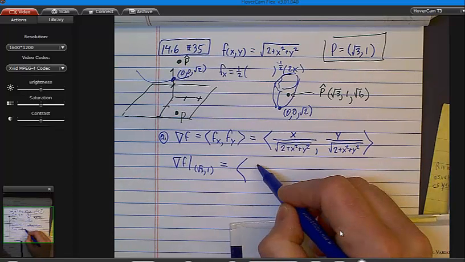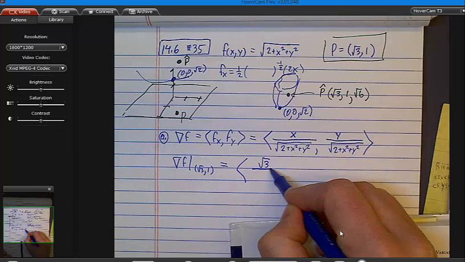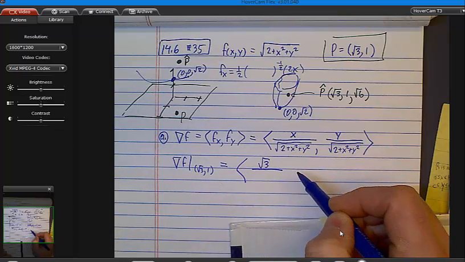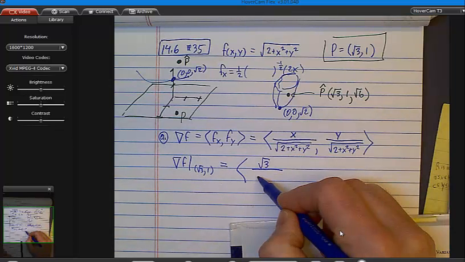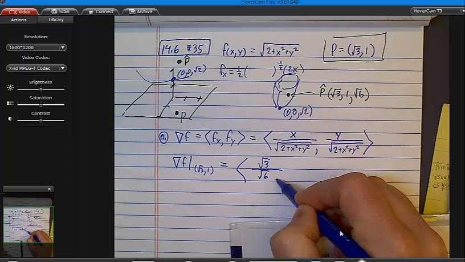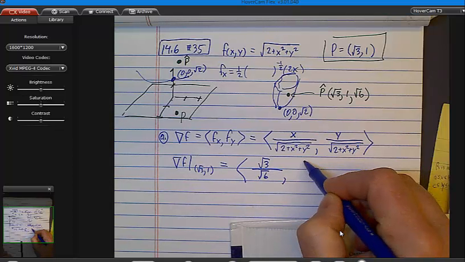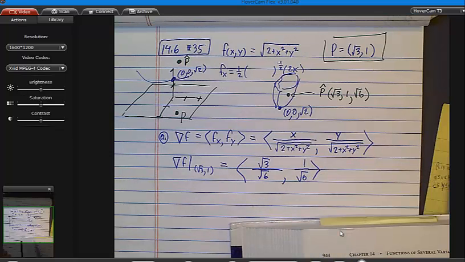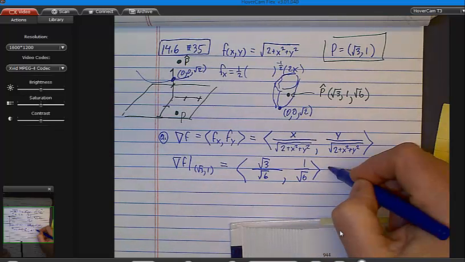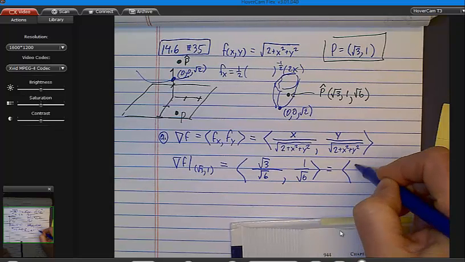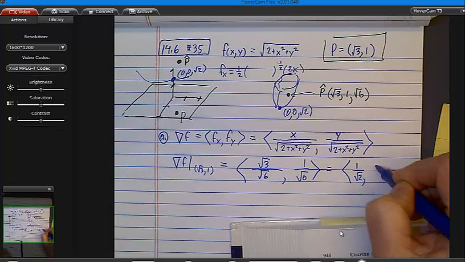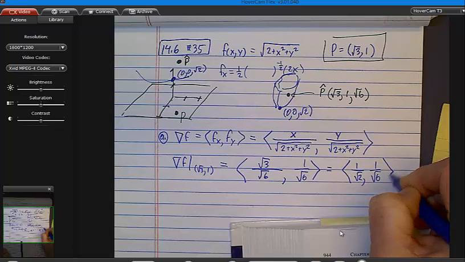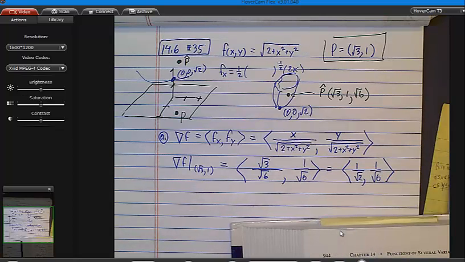We have the square root of 3 over the square root of 6, comma, and then 1 over the square root of 6. By the way, the square root of 3 over the square root of 6 is the same as 1 over the square root of 2. So maybe that's a nicer way to write it.